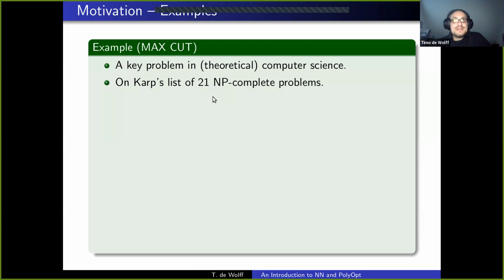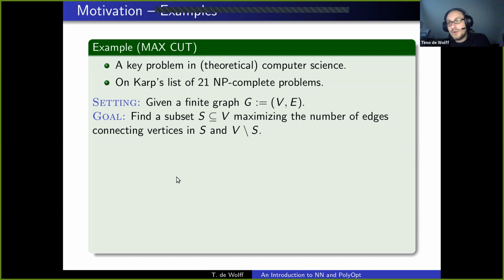So the setting is that we are given a finite graph G with vertices V and edges E, and we would like to solve the following problem. We would like to find a subset S of the vertices. You should be able to see my mouse, right? Okay.